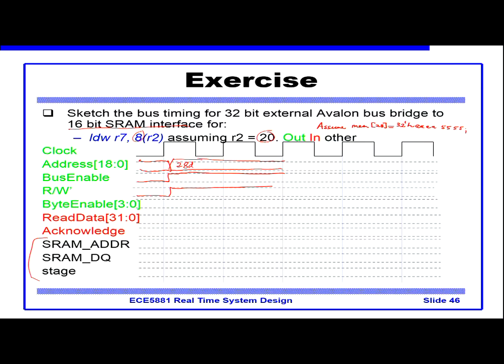What about the byte enable 4 bits? What do you think that should be in this example? Yeah, 4 ones, yes. So that's, of course, in binary.